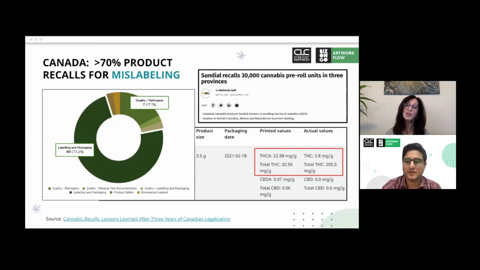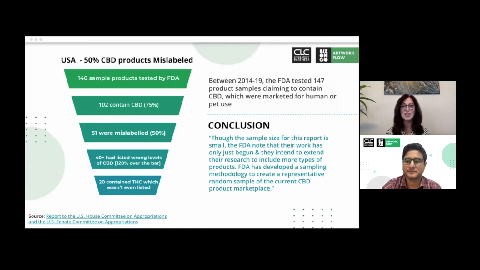And similarly in the US, the FDA did a study, and they looked at 147 CBD products. And in the end, they found that 50% were mislabeled. So they either had amounts of CBD more or less or none than the label said. And I know this isn't the place to editorialize about the FDA and CBD.